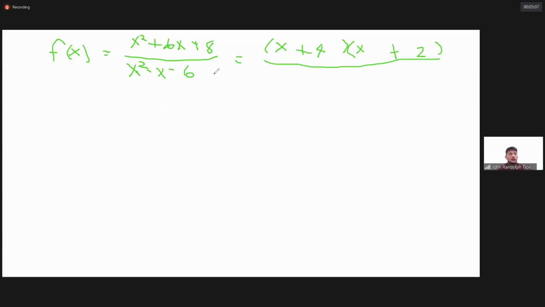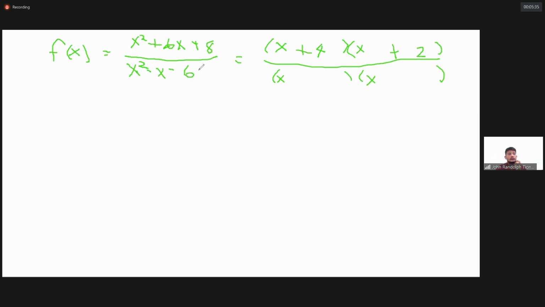Also, you are going to factor the denominator, x squared minus x minus 6. Same thing. Factors of x squared is x, and then factors of 6 are 3 and 2, 6 and 1. 6 and 1 can't work because if you add 6 and 1, the answer is 5.